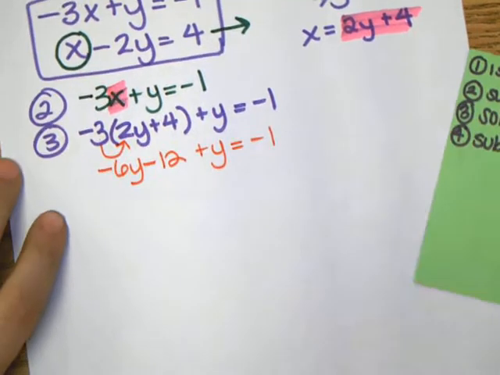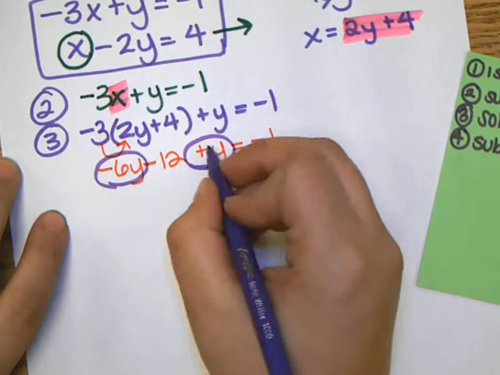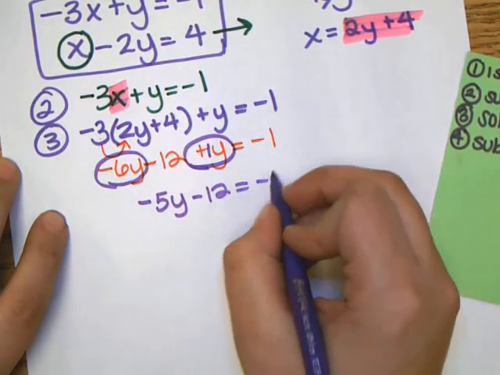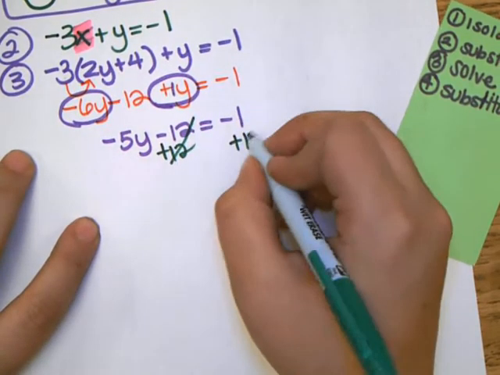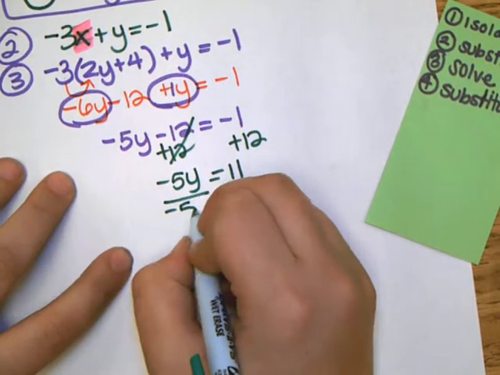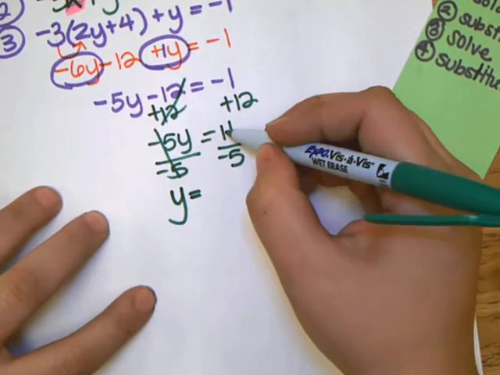So we're going to distribute. -3 times 2 is -6y. -3 times 4 is -12. And combine the like terms. So -6y and +1 make -5y. Add 12.